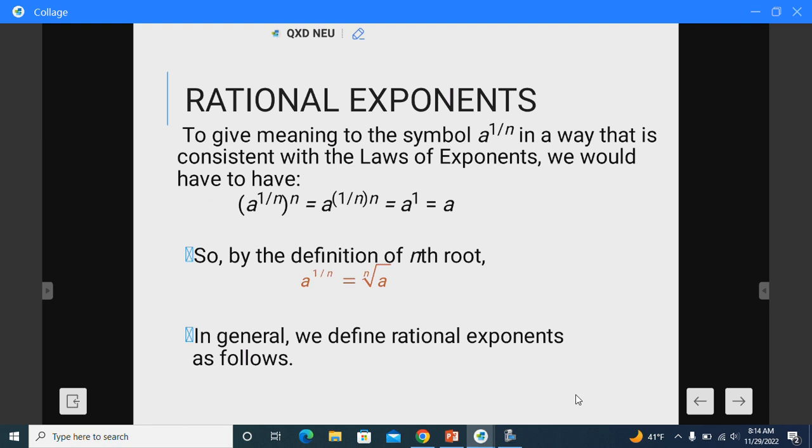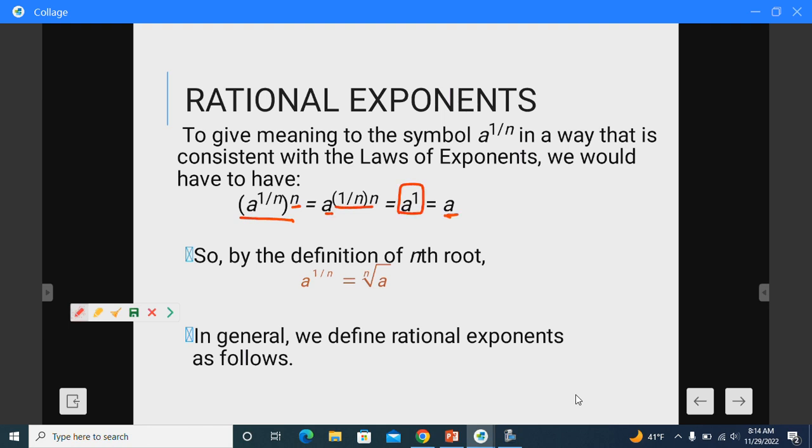So to give meaning to the symbol a to the power of 1/n in a way that is consistent with the laws of exponents, we would have to have the quantity a to the power of 1 over n, to the power of n, equal to a to the power of 1 over n times n, which is a to the power of 1, that is a.